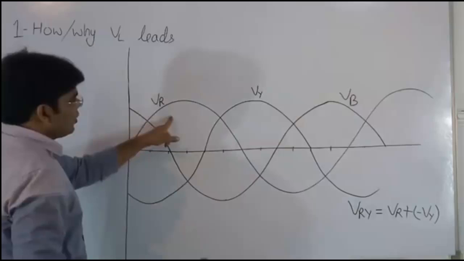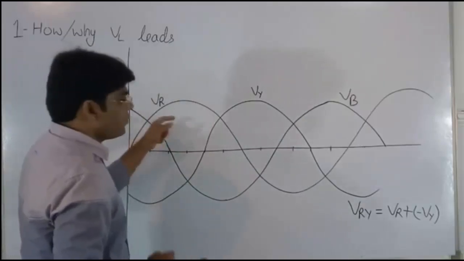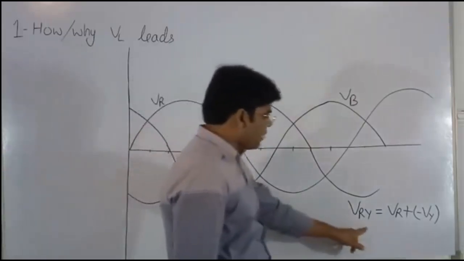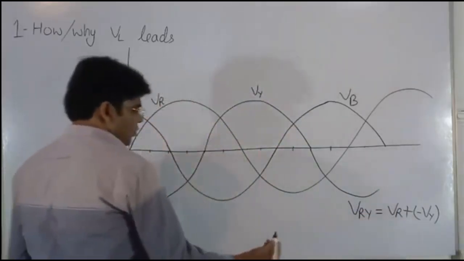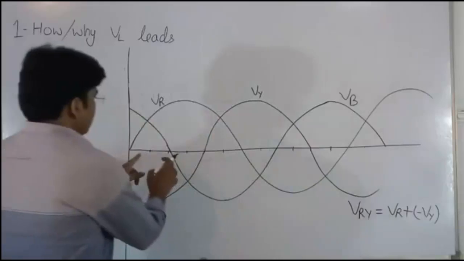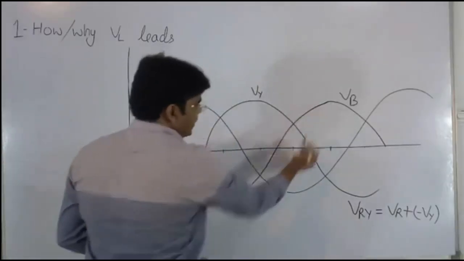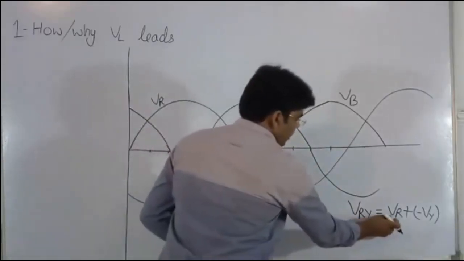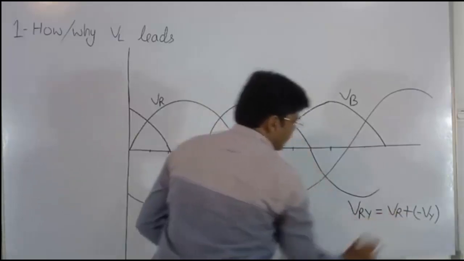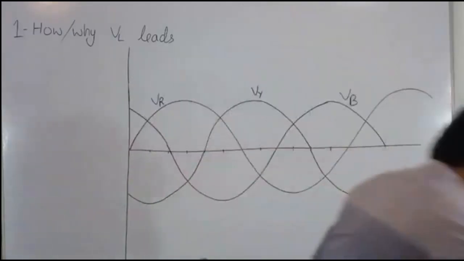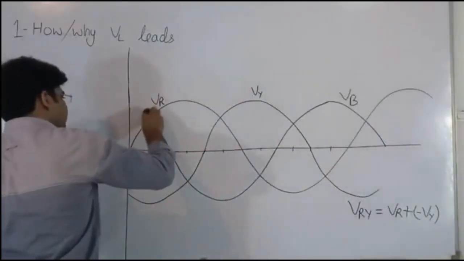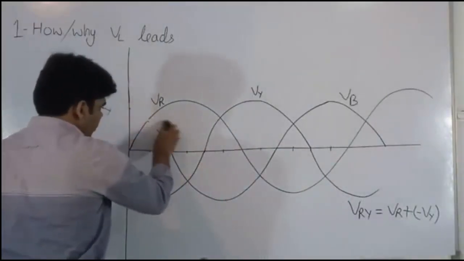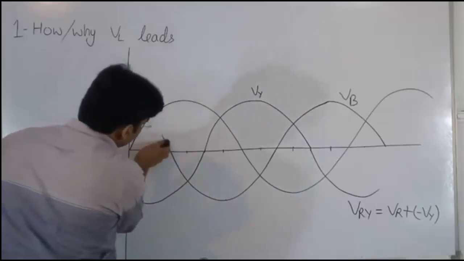Here we have to find VRY, and we know VRY equal to VR minus VY. So here no need of VB, because we are interested in VR and VY. So I am erasing VB so that figure becomes simple.